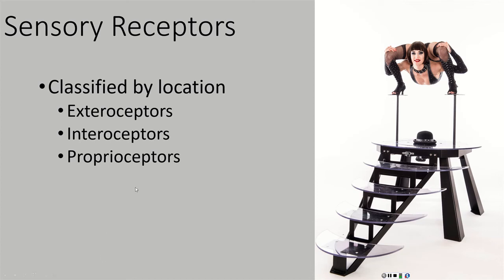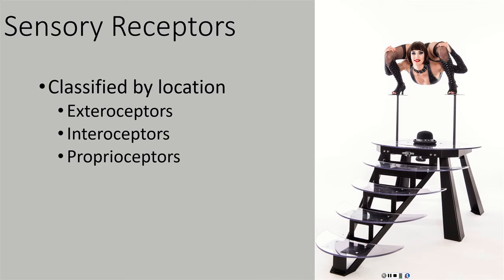And the third type is kind of going to bridge the two. Proprioceptors. Proprioceptors are really detecting the position or movement of your body. This is how you know what position your body is in.